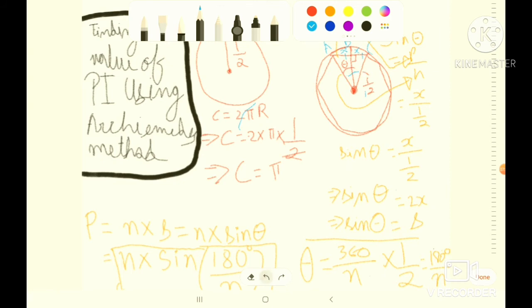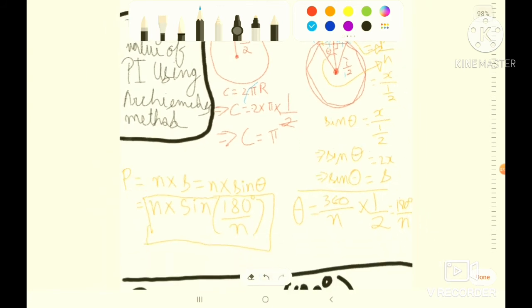So 360 degrees by the number of sides into half is equal to 180 degrees by n. In this way theta equals 180 degrees by n, so sine theta is sine of 180 degrees by n.